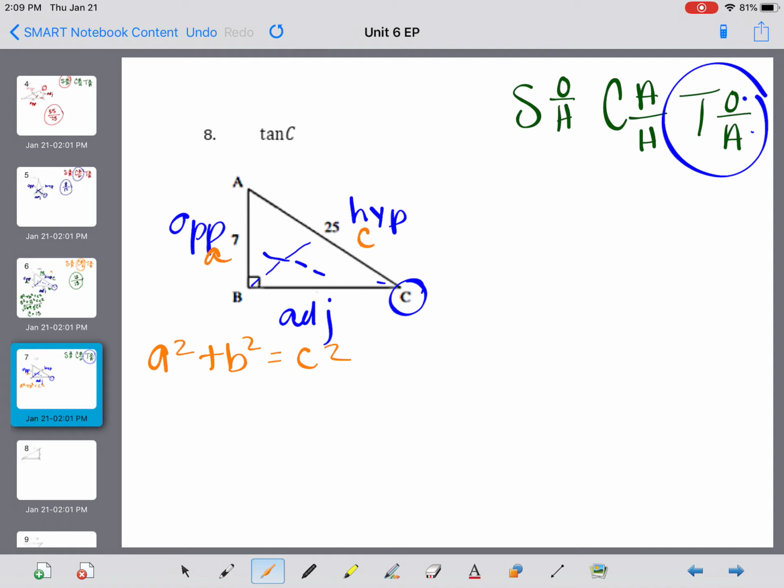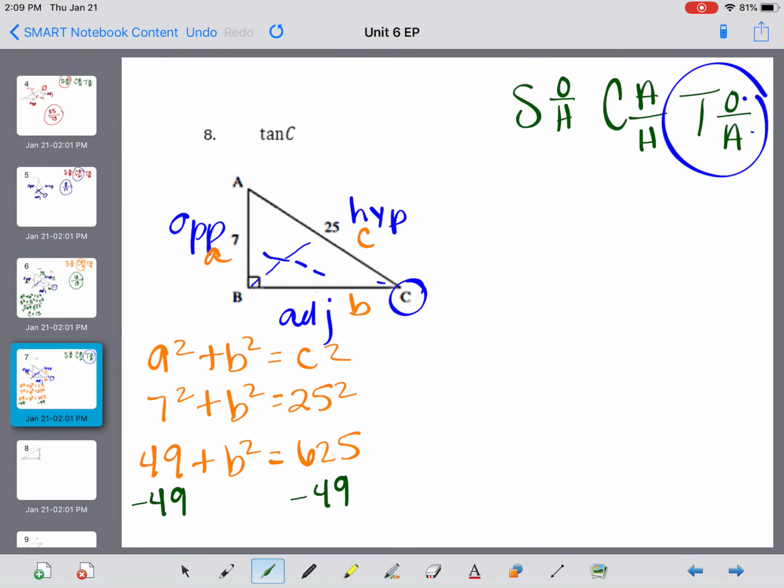A, C, and B. So we have 7 squared plus b squared equals 25 squared. We have 49 plus b squared equals 625, minus 49 on both sides.